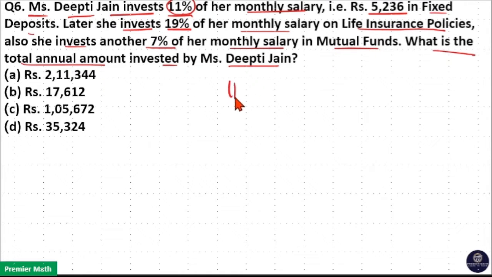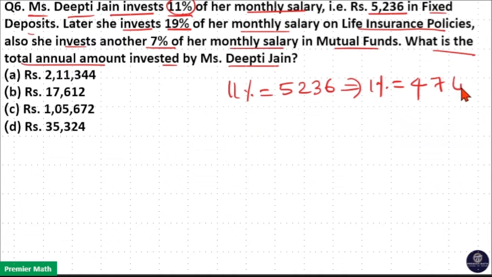That is 11% is 5,236 means 1% is 5236 divided by 11. 11 goes 4 times in 52. Remaining is 8. 11 goes 7 times in 83. Remaining 6. 11 goes 6 times in 66. So 1% is 476.